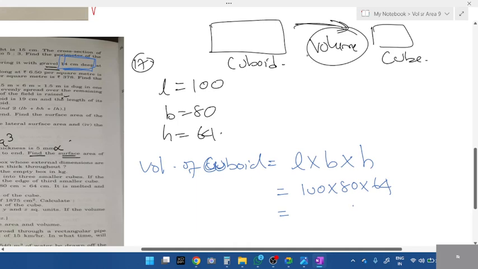As I told you, volume of cube will be equal to volume of cuboid. The volume will not change. Whatever answer you get, you can take that as volume of cube.